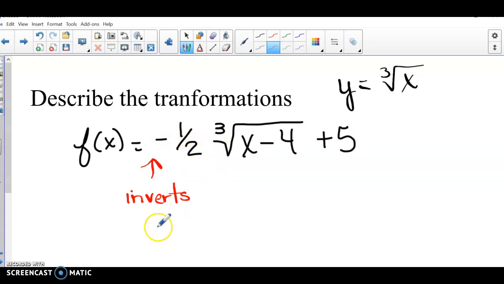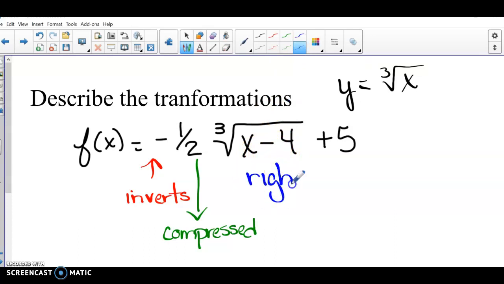If it's between 0 and 1, then it compresses. This moves our graph horizontally in the opposite direction. So this is going to be to the right 4. And then this number out here that's not underneath the radical translates it vertically. So this is going in the same direction as the sign, so up 5.